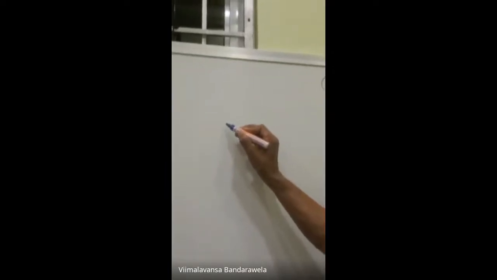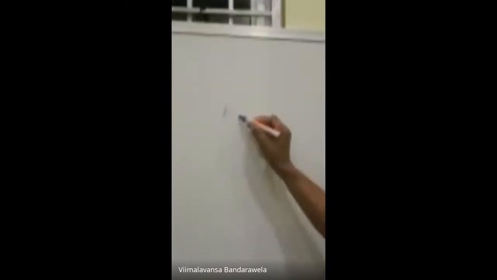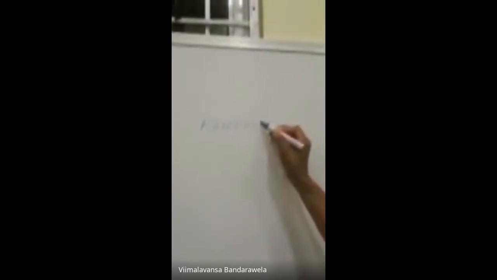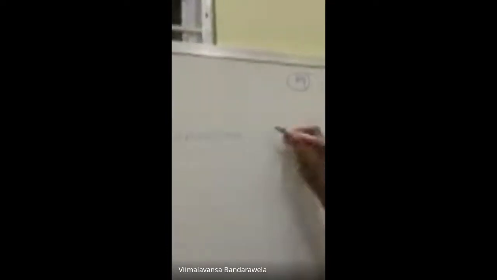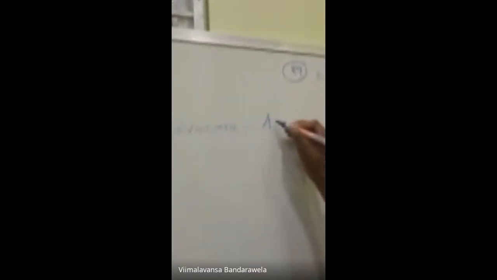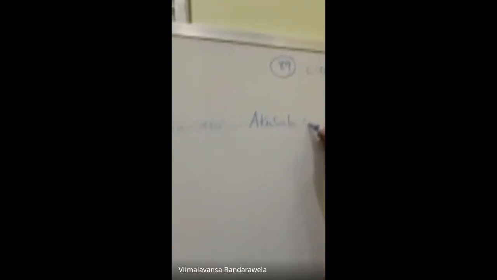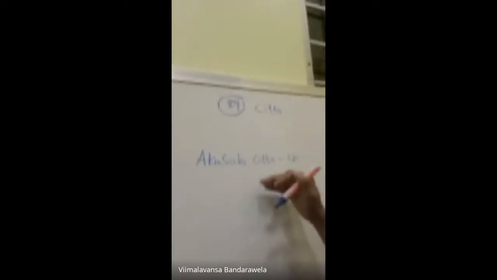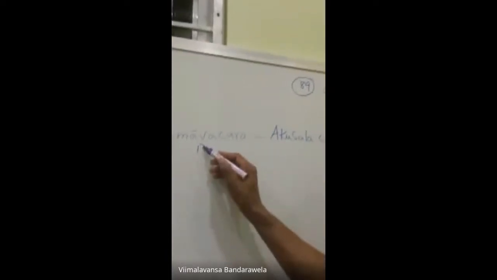In Kamavachara consciousness, you have Akusala citta, 12 Akusala citta. We will discuss this.